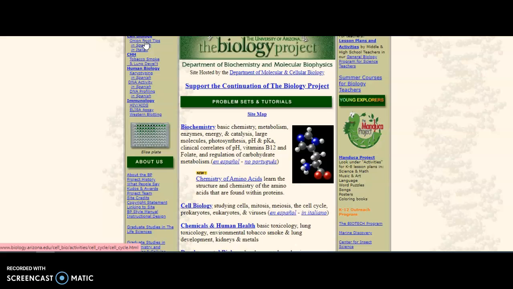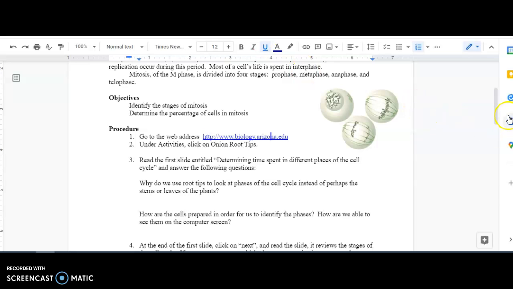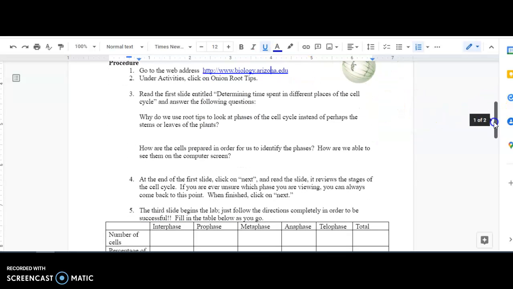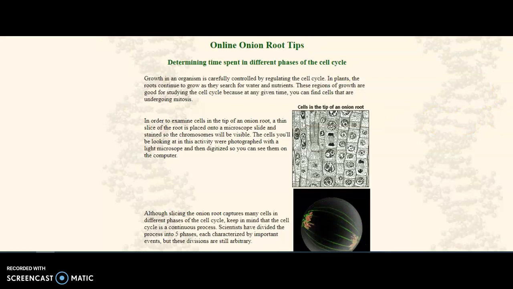Unless you want to see it in Spanish or Italian, you can click those, but we'll pretend we speak English. Anyway, you'll come up with this site here, and you're basically going to read to answer the first couple of questions on the page here. So you'll see the questions here, and you should find those answers on this page.